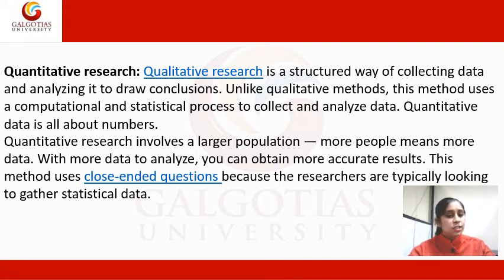Quantitative data is all about numbers. Quantitative research involves a larger population. More people means more data. With more data to analyze, you can obtain more accurate research. This method uses close-ended questions because the researchers are typically looking to gather statistical data.